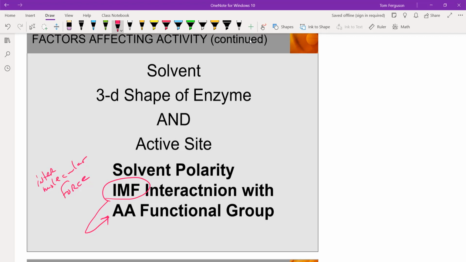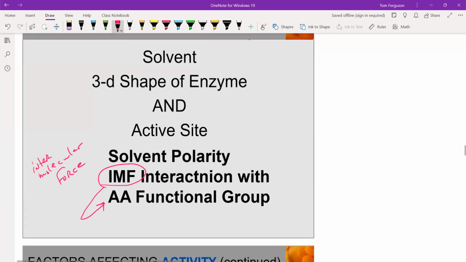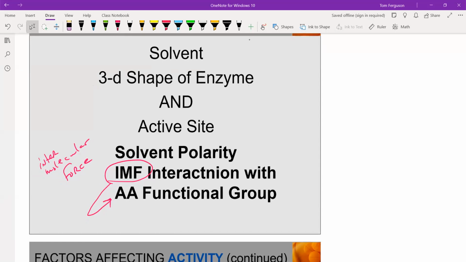It's kind of like what we talked about Wednesday on one of our proteins, and we had the solvent polarity versus the polarity of the side groups on the amino acids.